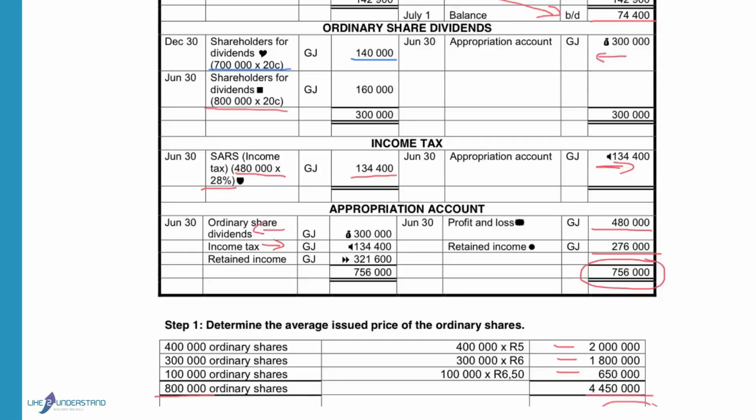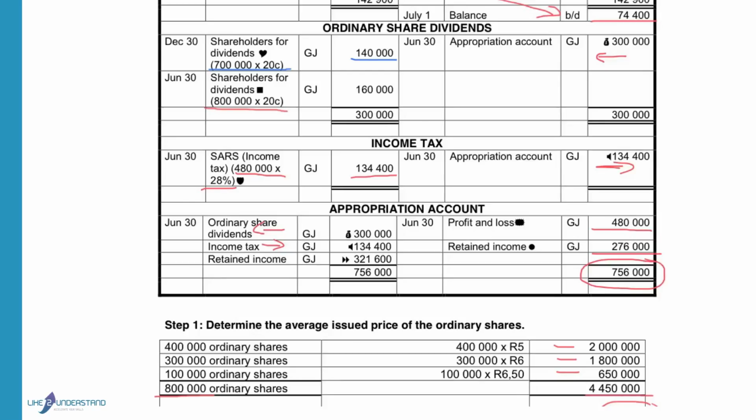The ordinary share capital account at the beginning of the year was 3.8 million. During the current year, an additional 100,000 shares were sold at a price of 6.50 rand, so the capital increased with 650,000 rand.